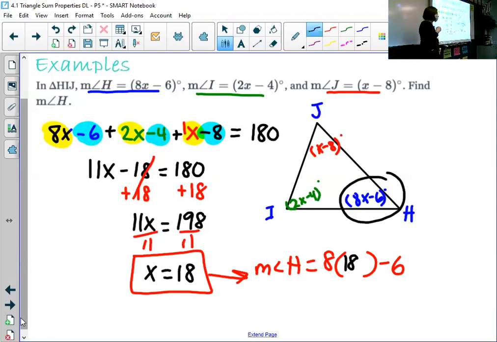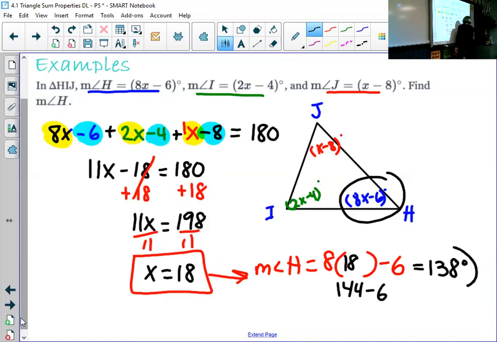So you'll need to calculate that in order to get the correct answer in Delta Math. So we have 138 degrees. So make sure that you are reading exactly what they want you to find.